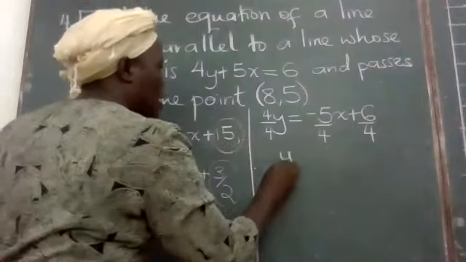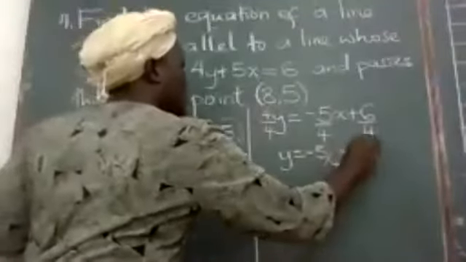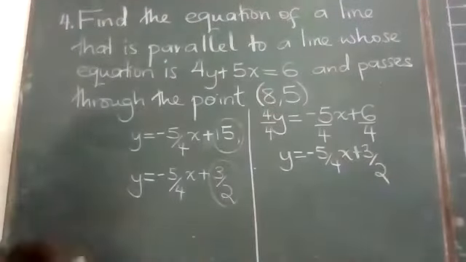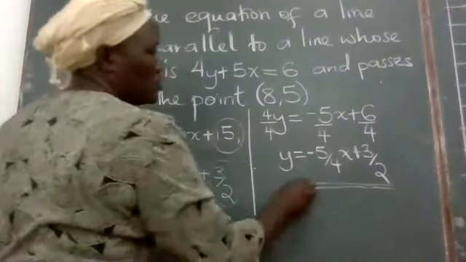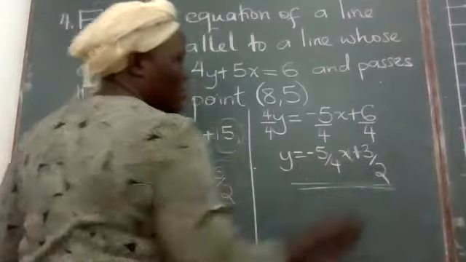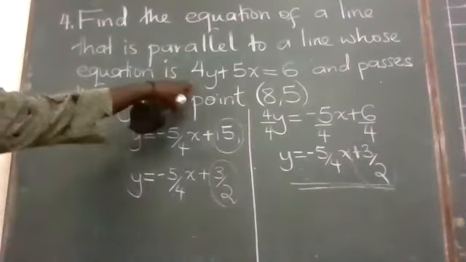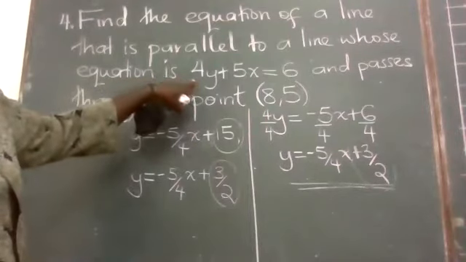So we have y is -5/4 x plus 3/2. Now, Namuli and Dab, I think this is where you stopped. That is why you're giving me this answer. The answer you're giving me is the rearranged equation of what you've been given.